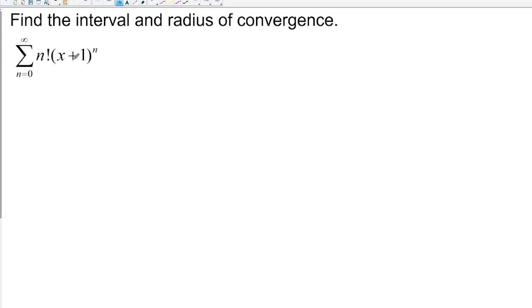Find the interval and radius of convergence. We have the limit as n approaches infinity of, let's go with (n+1)! times (x+1)^(n+1), and then we'll divide by n! times (x+1)^n.